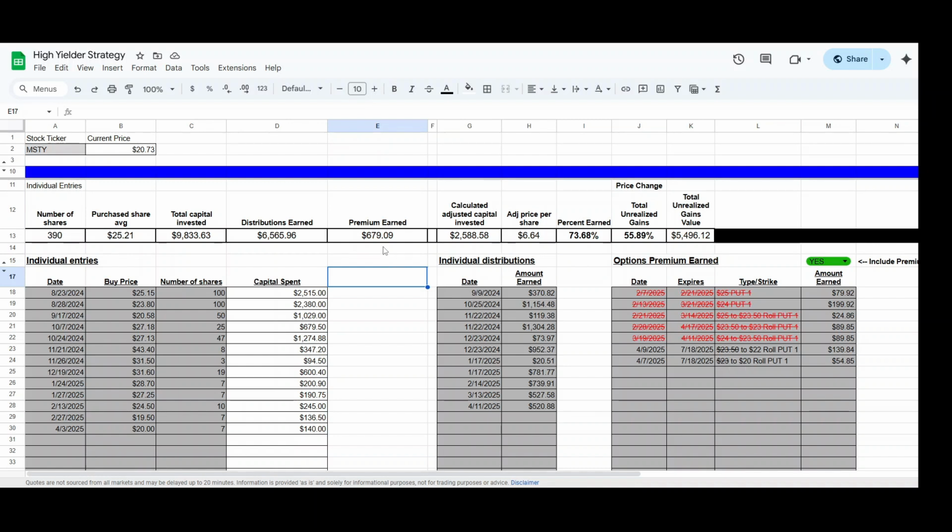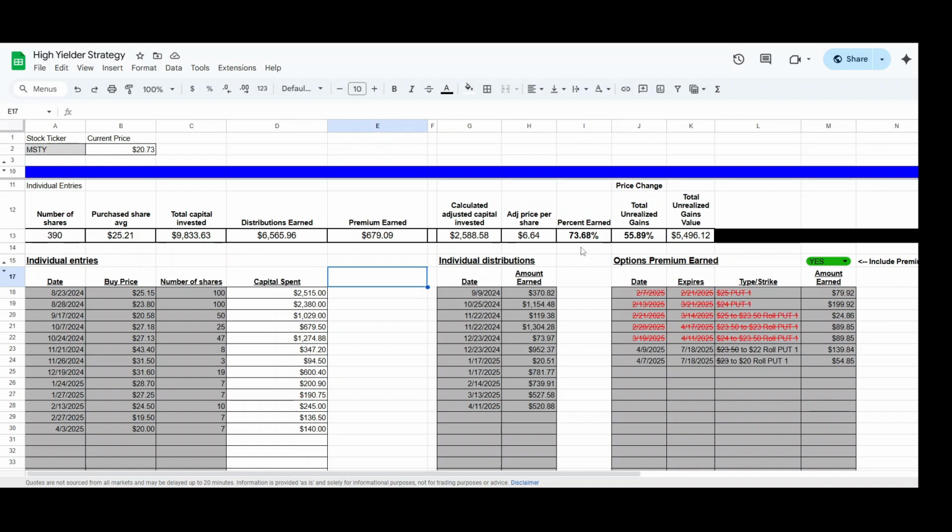But with all of that added up, it gives me a calculated adjusted average price per share of about $6.64 once I add back in my earnings, being the distributions and premiums, removed out of my total capital.